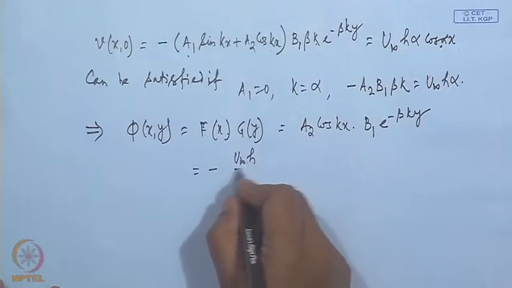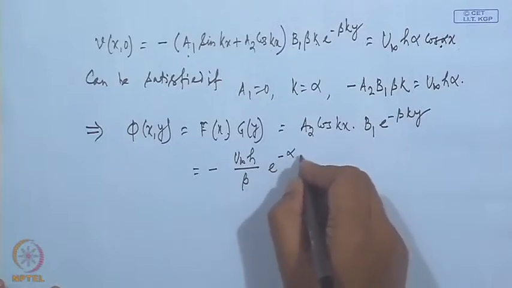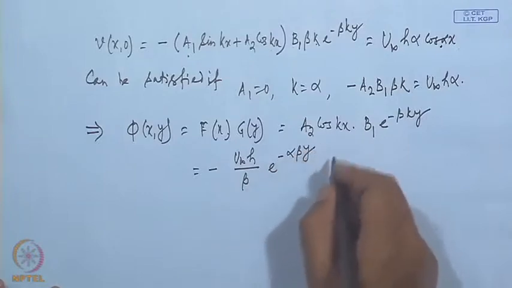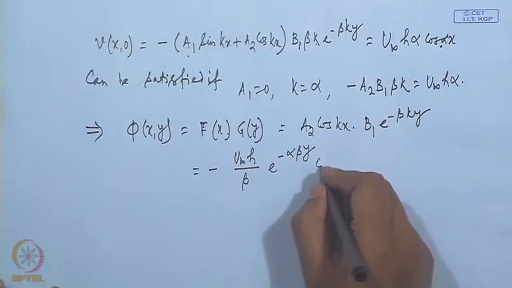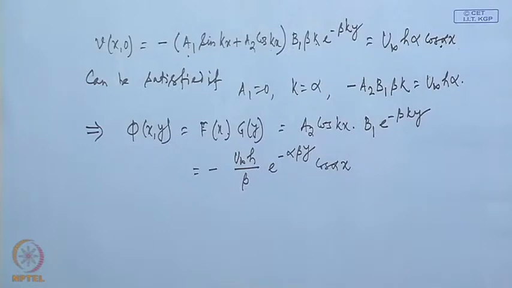Minus u infinity h by beta e to the power minus alpha beta y cos alpha x.